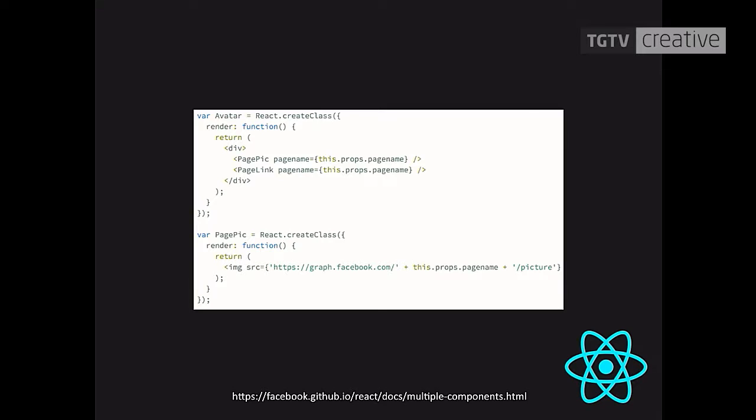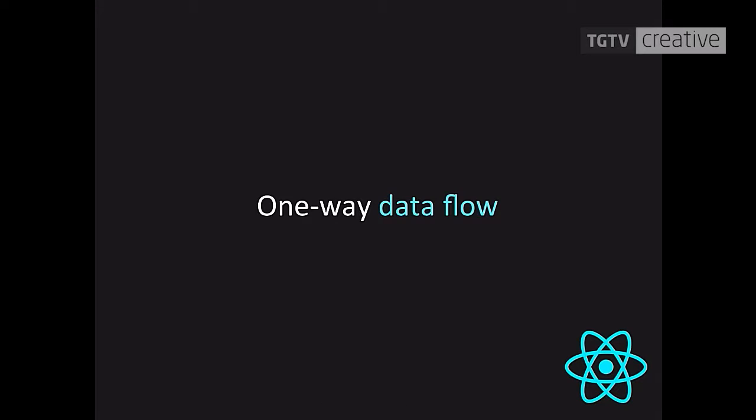So always remember your quotes. After that, we set this to this.props.pageName. The page name, actually, we're going to set once we have rendered it. So the page name will come when we are rendering to the DOM, which I'll talk a bit about later. One-way data flow.